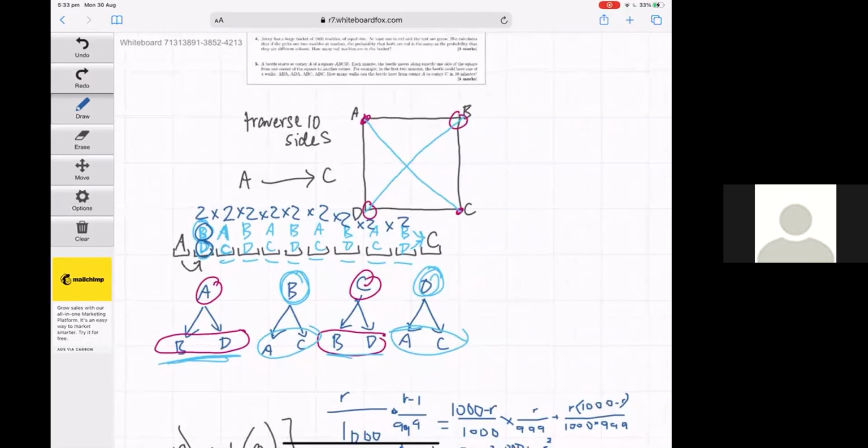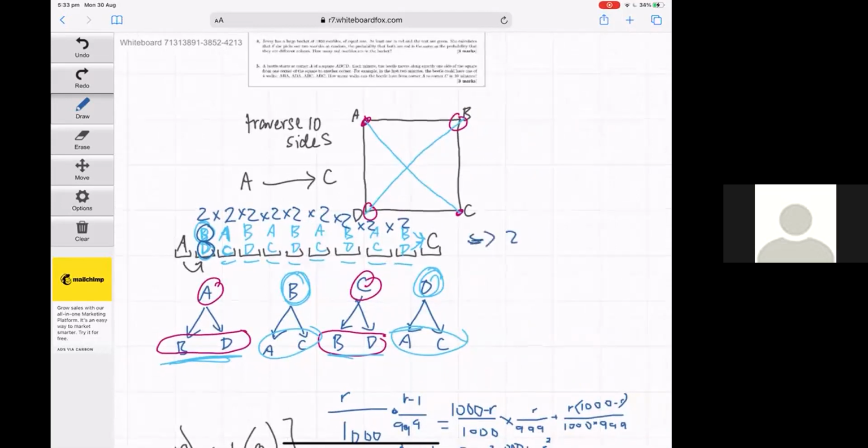So our final answer is that the number of paths is, oh, wait, actually, I think it's 2 to the 9 because this is the first location. 1, 2, 3, 4, 5, 6, 7, 8, 9. So I think it's 2 to the 9 because there are only 9 2s that we multiplied together.